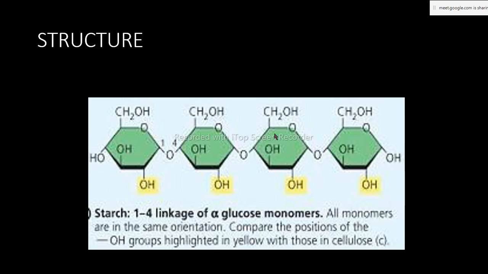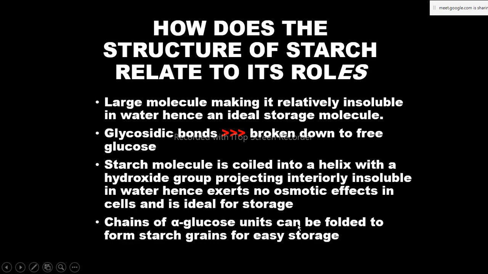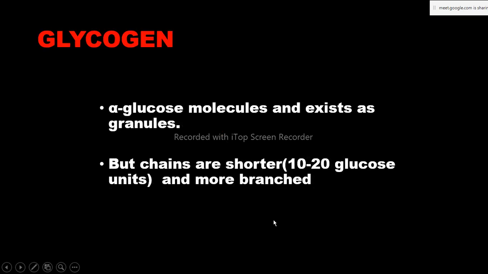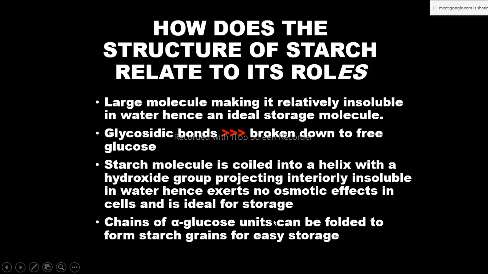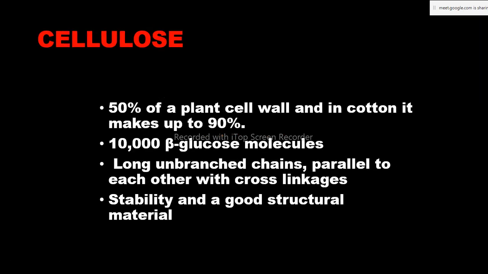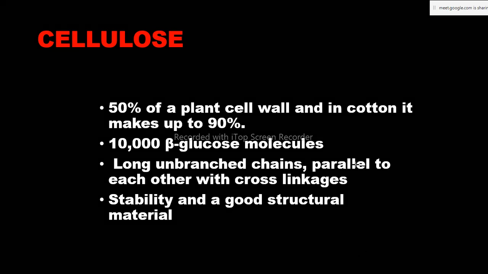But now let's see for cellulose. Maybe before adaptations, let's first talk about the structure. Glycogen is fine. Let's first talk about the structure of cellulose before we talk about the adaptations. Now cellulose is going to be formed from beta glucose molecules, very many.